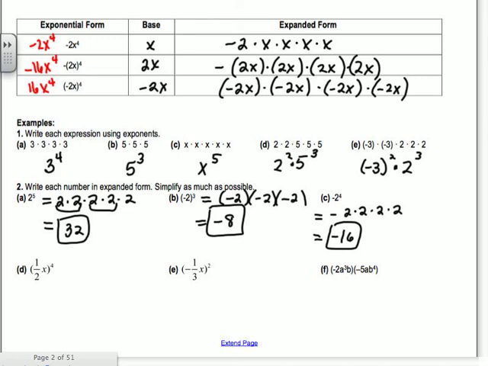All right, D, so I have 1/2 x to the 4th, so it's going to be 1/2 x times 1/2 x 4 times. So think about 1/2 times itself 4 times. What would that be?